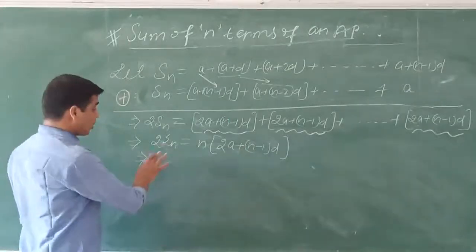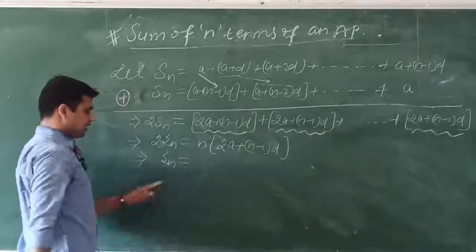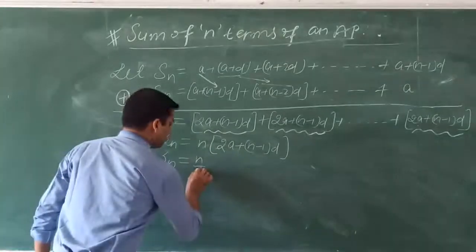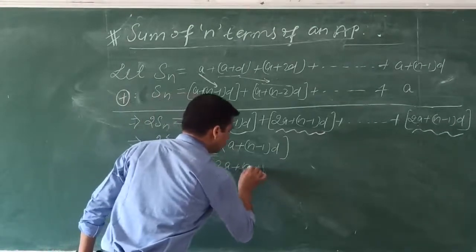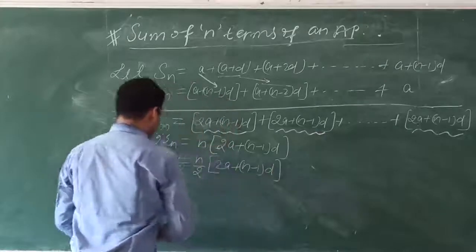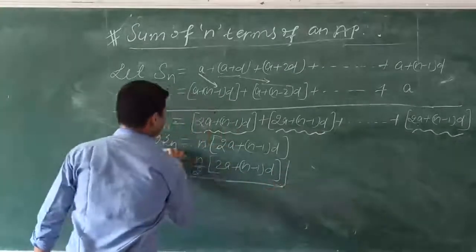Why are we going to divide? Because we need Sn only. After dividing you will get Sn equals n by 2 into 2A plus n minus 1 into D. So this is the formula for finding the sum of n terms of an AP.